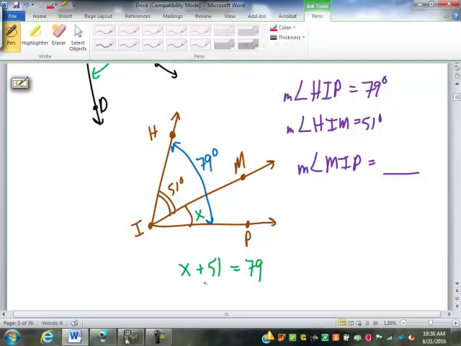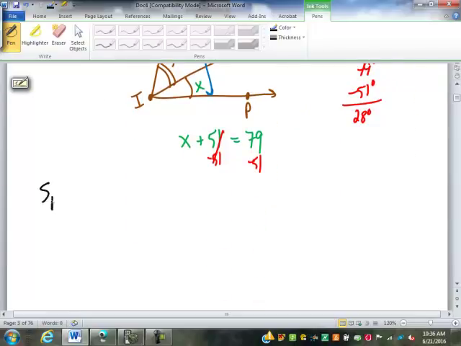So to find x, we would just subtract the 51. Now, most of you wouldn't write out the equation. You'd probably just do 79 degrees minus 51 degrees, which will give you 28 degrees. Any questions so far? Okay. So now our adjacent angles have some special relationships.